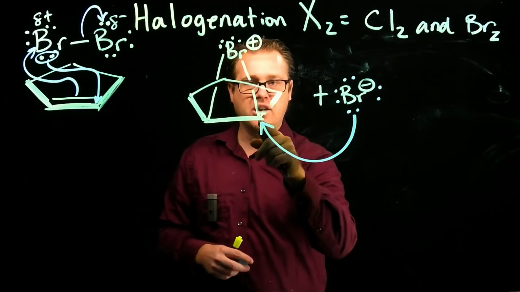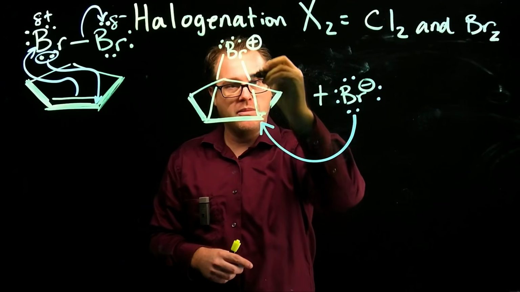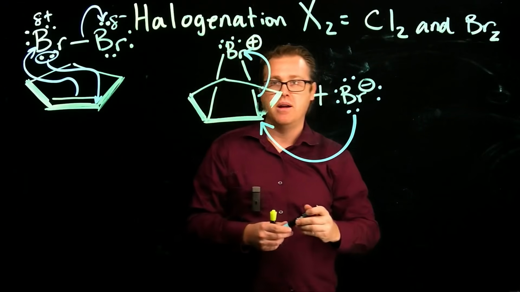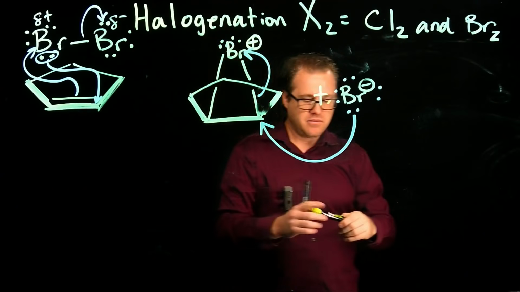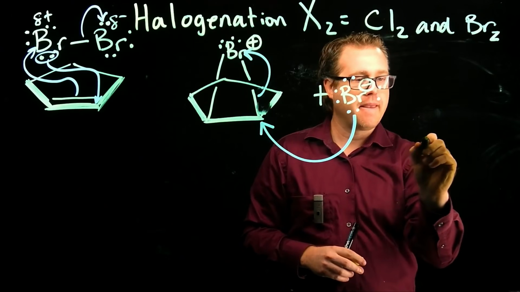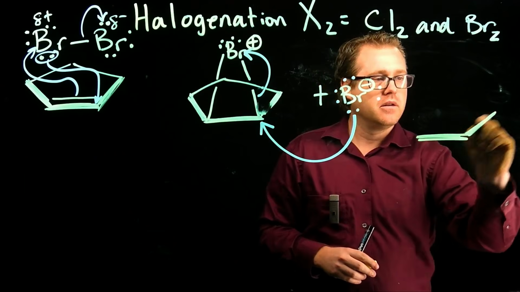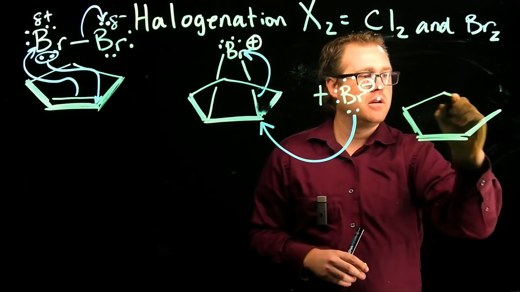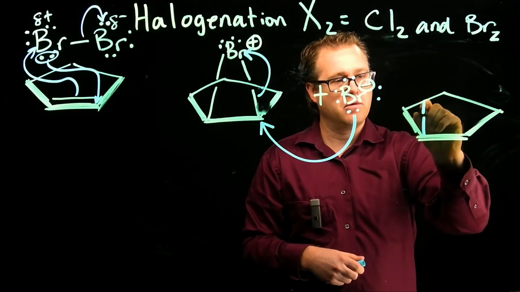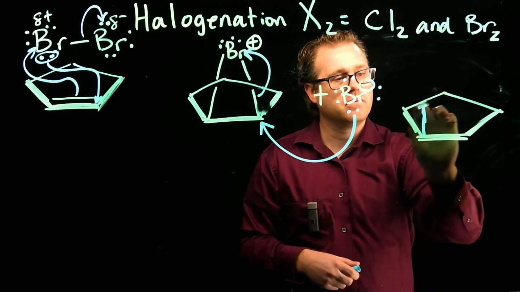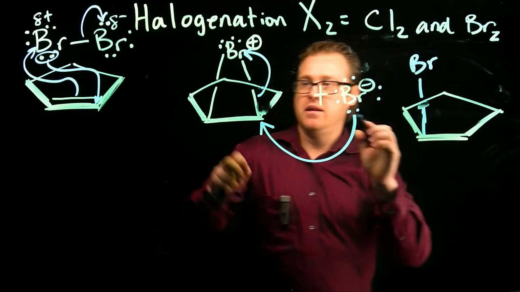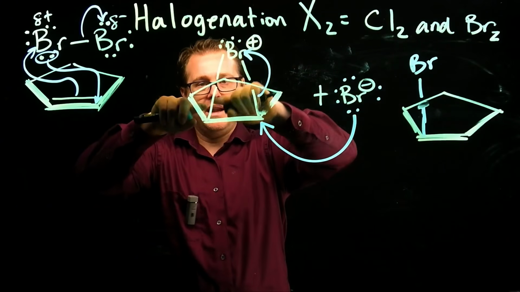And if it attacks that carbon, then this bromine carbon bond has to break, going back to the bromine right there. And what does it give us at the end of the day? We have a bromine there because you see how this bond is already pointing up?